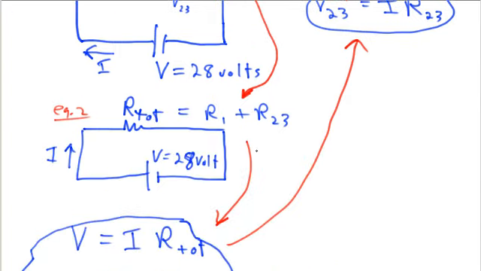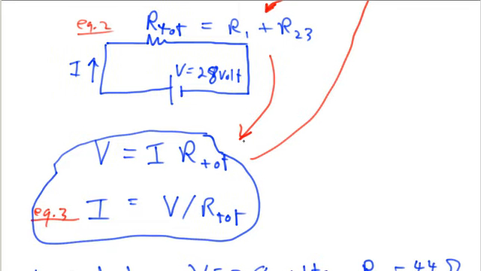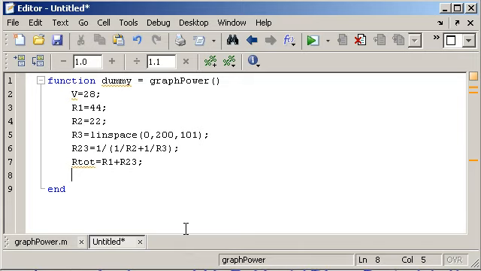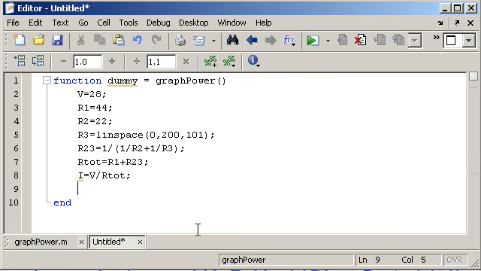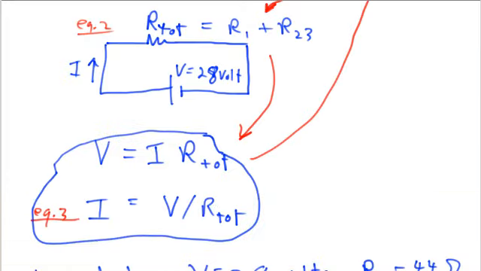When I go to the next one, it's supposed to be coming down to here. There it is. I is V over R total to get the total I. Semicolon, so I didn't print it out.